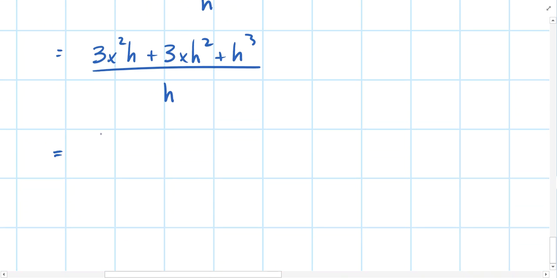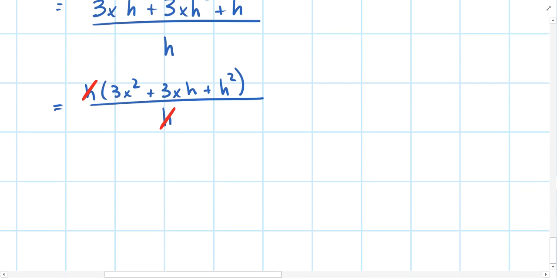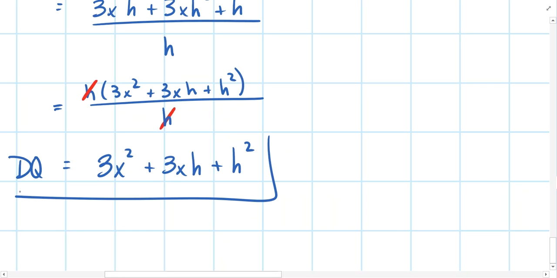Again, we have a common factor of h in the numerator. And with that common factor in the numerator, h can reduce with the h in the denominator, and now we're left with a simplified difference quotient of 3x squared plus 3xh plus h squared.